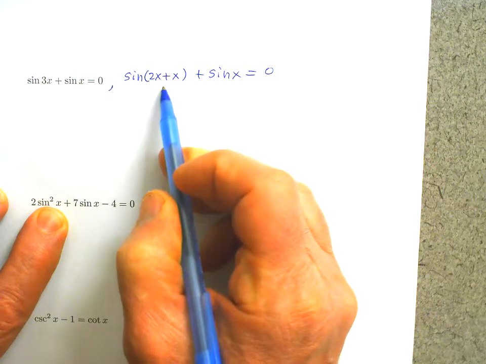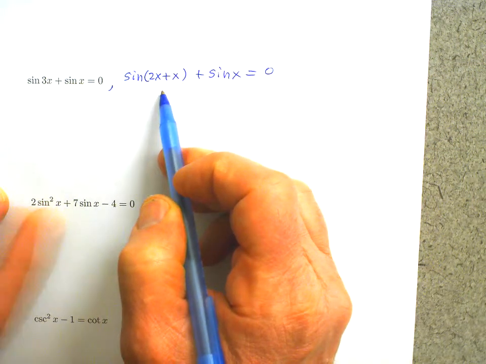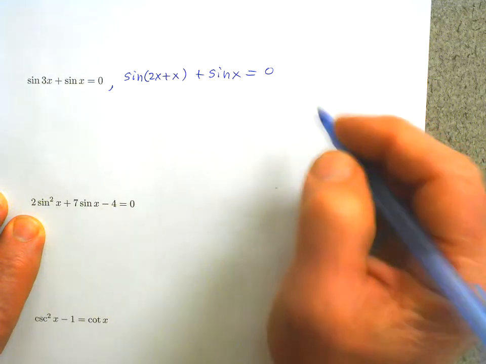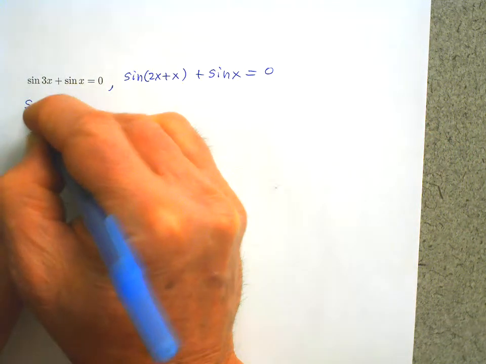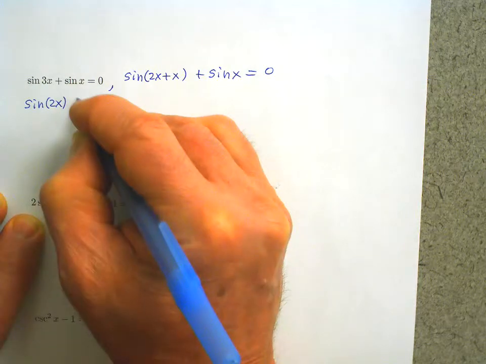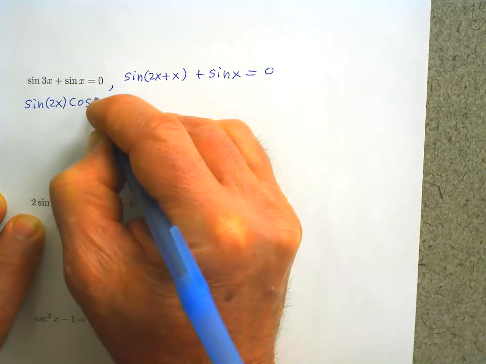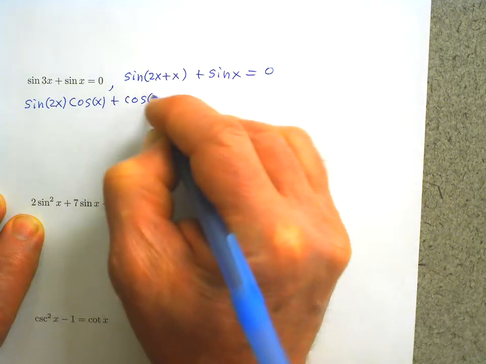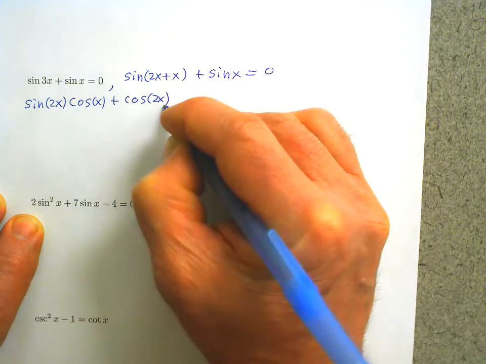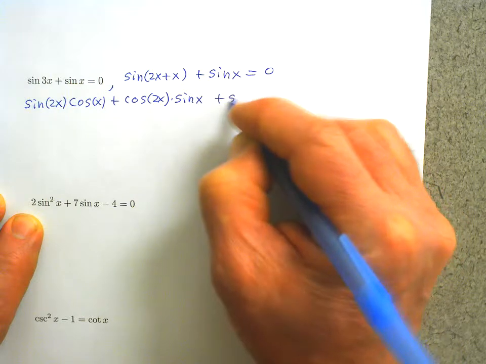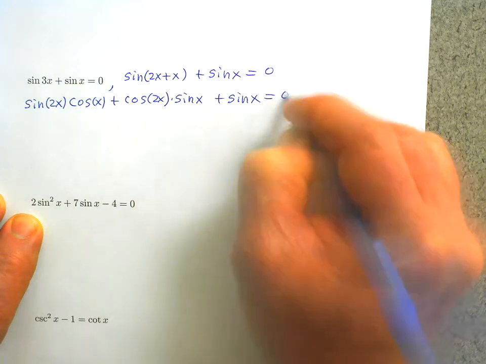Then use the sum formula for sine. So sine of 2x plus x is sine of 2x times cosine of x plus cosine of 2x times sine of x plus sine of x equals 0.